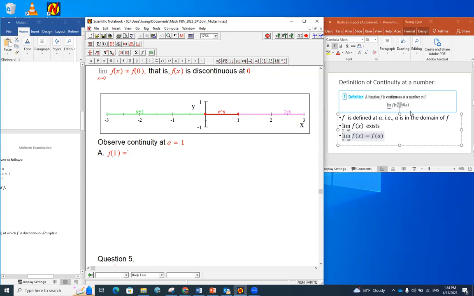F of 1 is e to the power of 1, which is e. B. We're going to look at the limit from left to right.